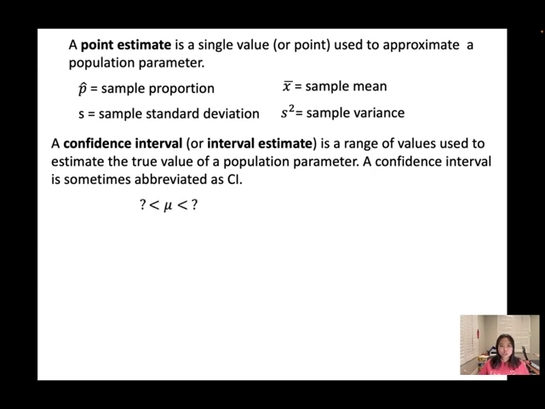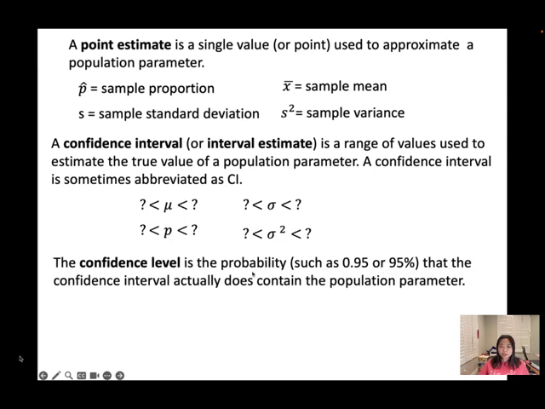We could construct the confidence interval for the population mean, or population proportion, or population standard deviation, or population variance. But for this case, we only need to know how to construct it for the population mean and the population proportion. And for these sessions, we only cover this one. Okay, chapter 7, we only cover the population proportion.